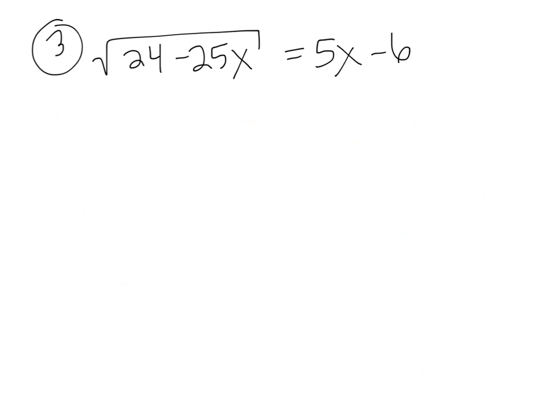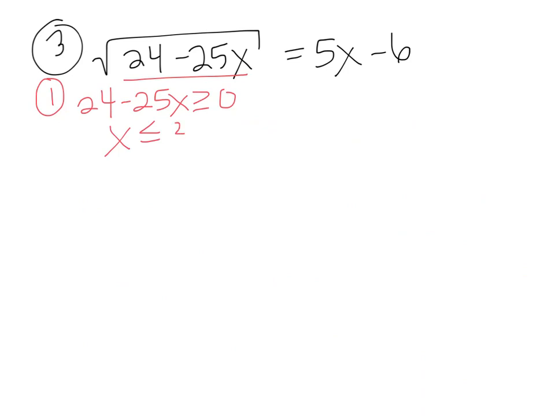So moving on to the last part, 3, this one's going to be a little bit uglier as well. This one actually is factorable, so that should be a little bit easier for you, but we'll go through each step again. So step 1, we're looking at what's actually inside the square root sign here. That's got to be bigger than or equal to 0. So if 24 minus 25x is greater than or equal to 0, then x has to be less than or equal to, because you'll divide by a negative, so you have to switch the inequality, 24/25.